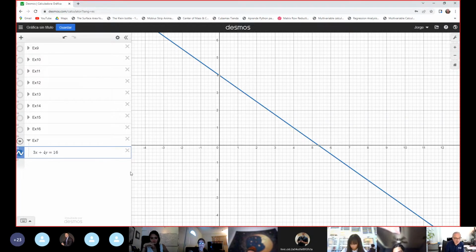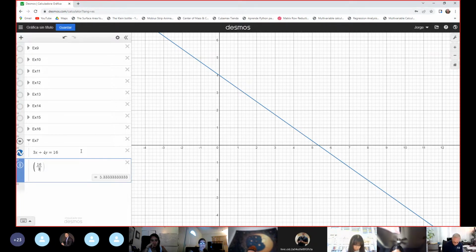So in order to write the intercept, I put a parenthesis, I put 16 over 3 against 5.3333, right? Comma 0. Good. And the y-intercept is 0,4.